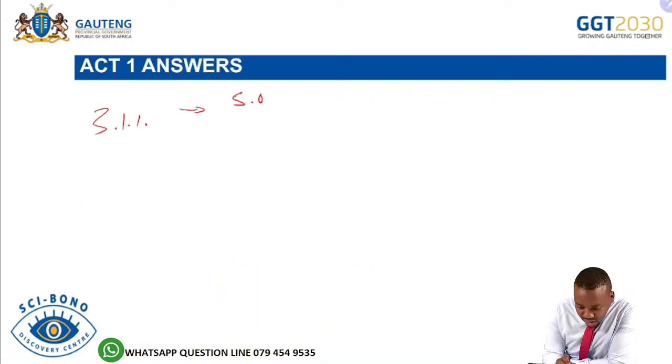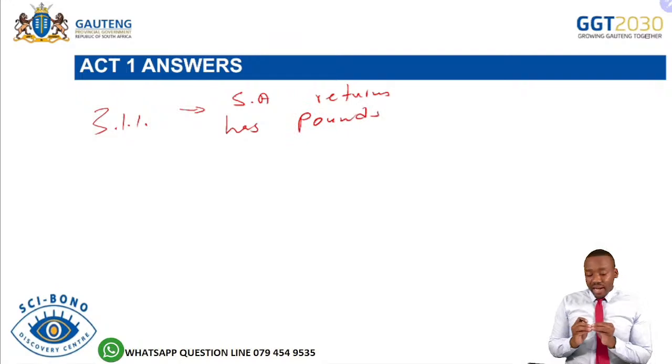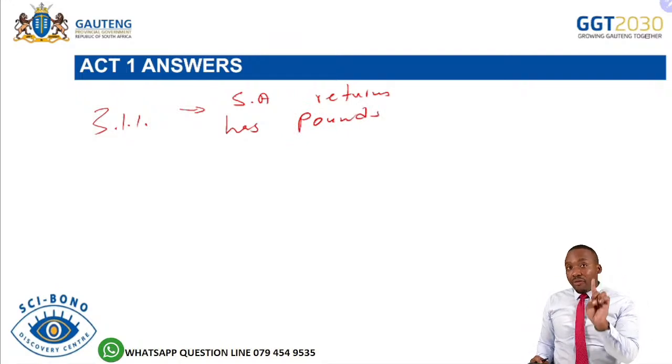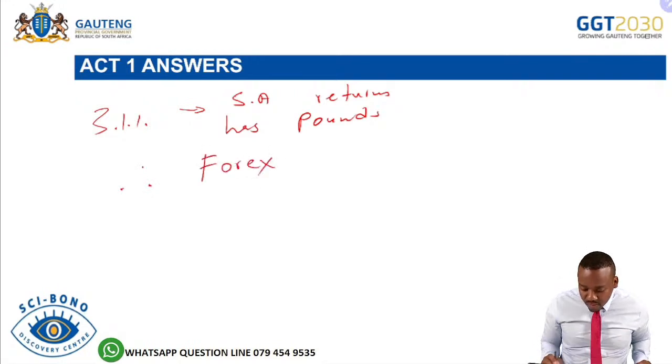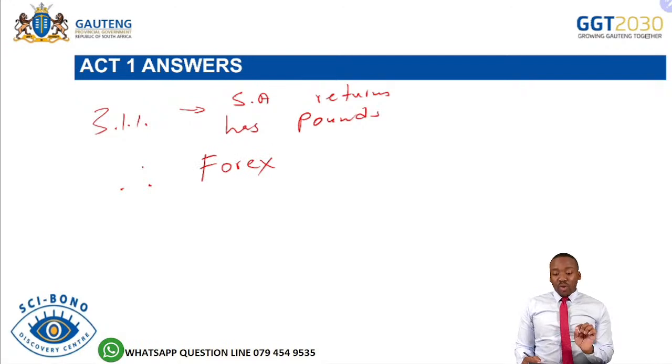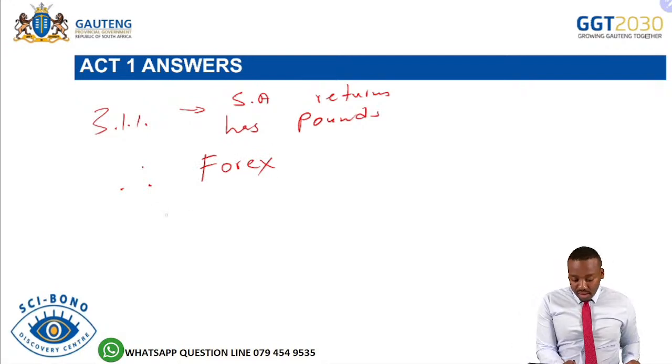So this person has pounds. Meaning, when he has pounds, he has foreign currency. So that's the tip. Therefore, he has forex. And what did we say we do when we have forex? We multiply. This is you analyzing.